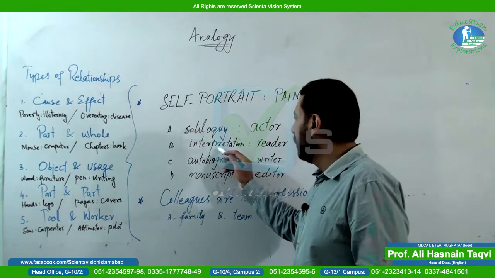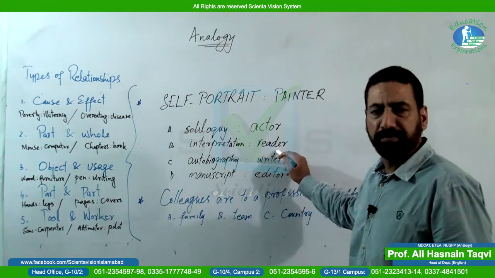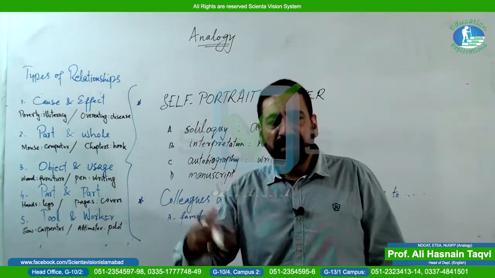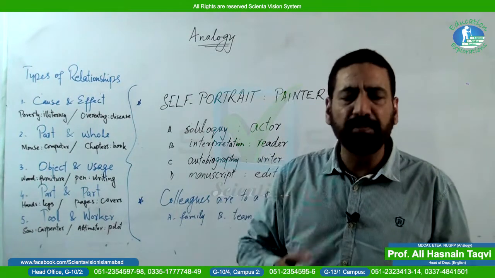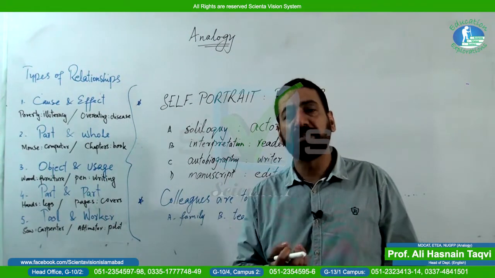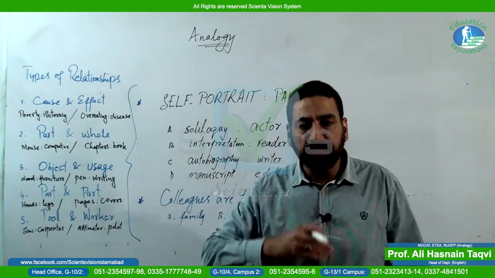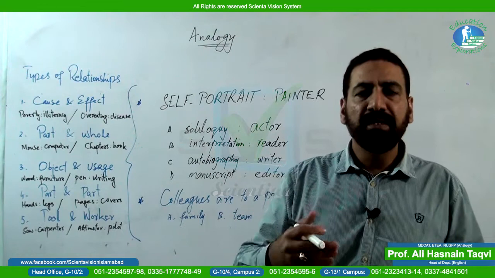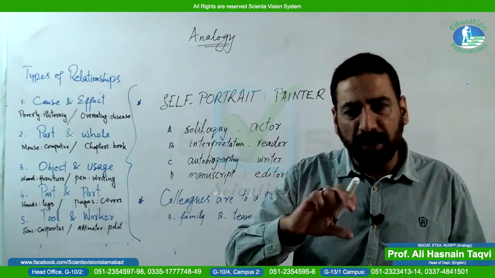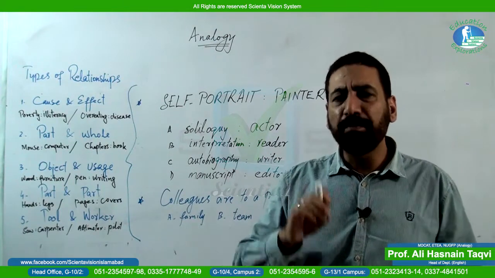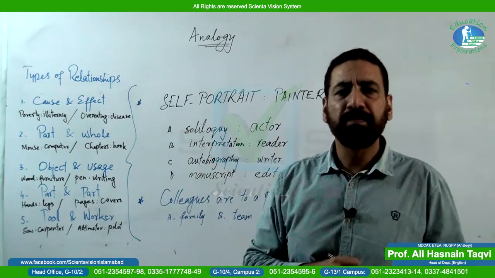Let's go for the second option, interpretation, reader. In order to decipher some text, a reader interprets it. He infers some meanings. Let's understand this word inference. Inference is the understanding that you gain for yourself. And when you imply something, that means you sort of decode, not code, decode, it's like coding some message for someone else.